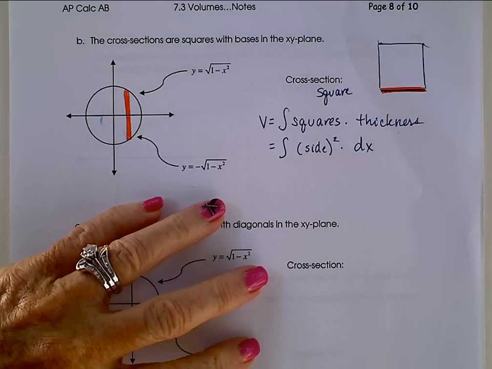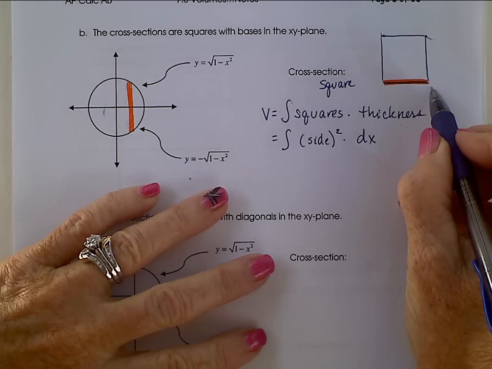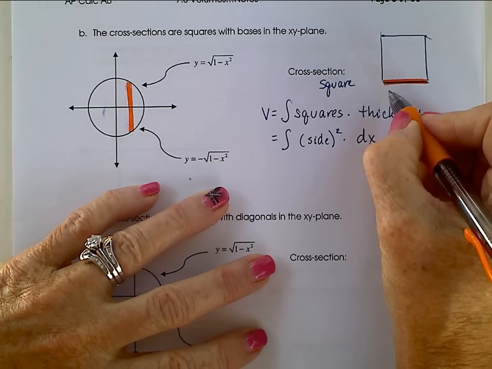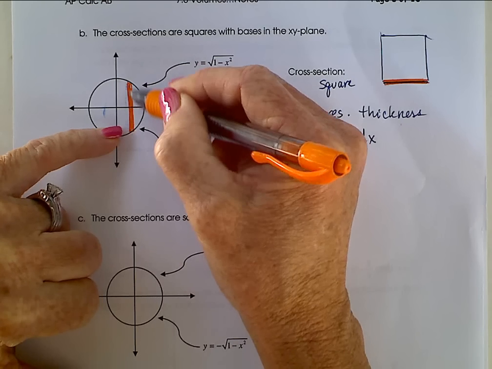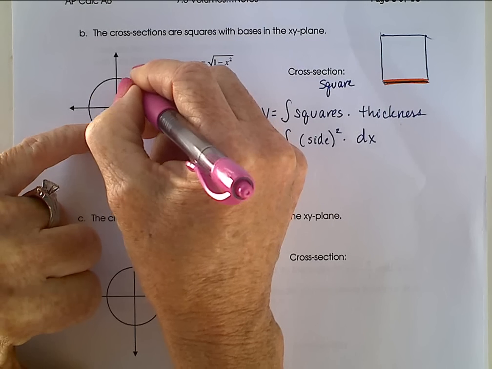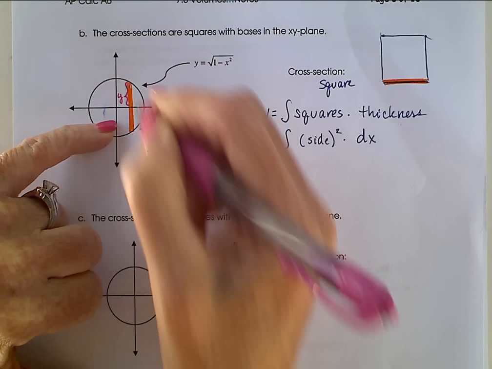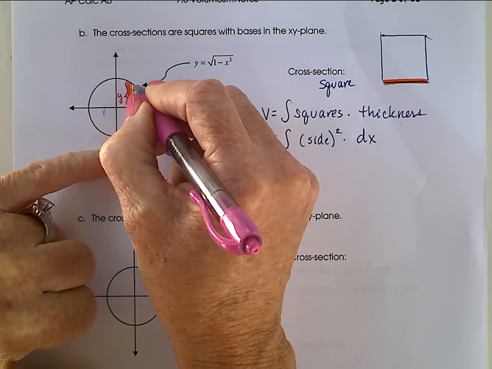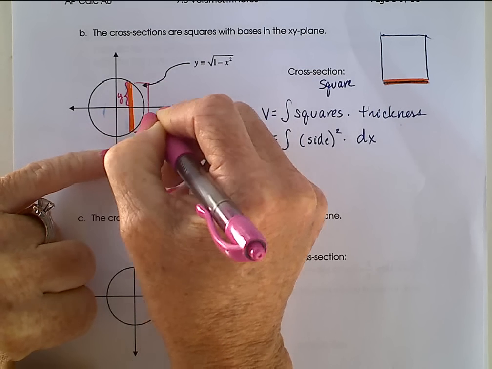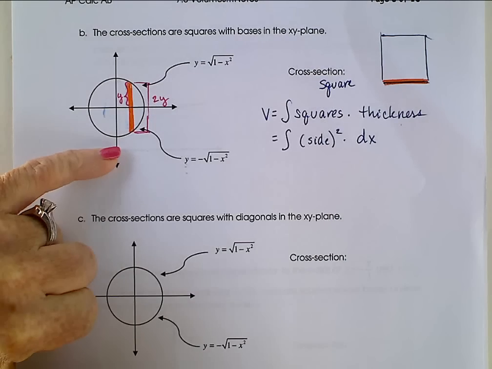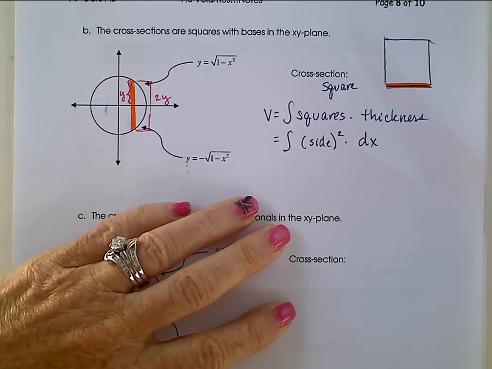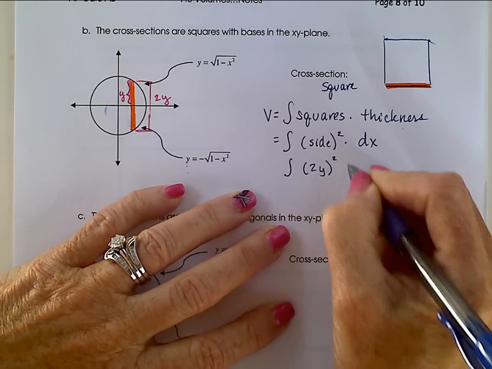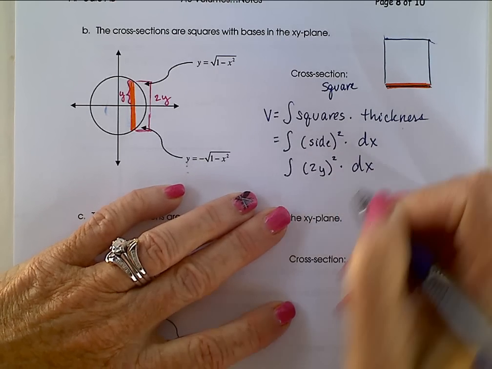But now we need to figure out how long is this side right here. That's this length right there. This much is y. So this whole length here is 2y. So 2y quantity squared times dx.